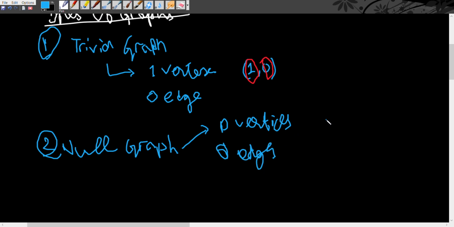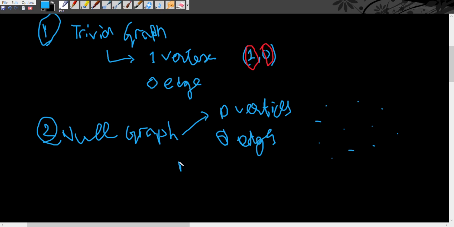So basically you've got all the vertices of a graph placed in your space and there is no edge connecting any vertex. Mathematically that's a (P, 0) graph. As you may notice, the trivial graph is a special case of the null graph where P is 1.